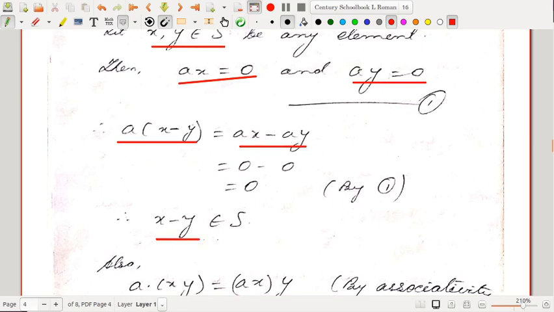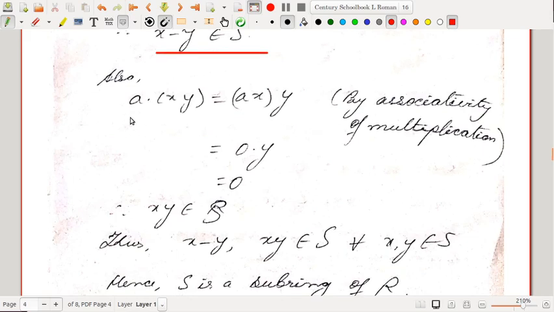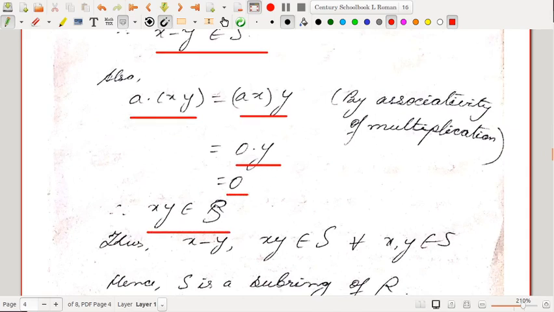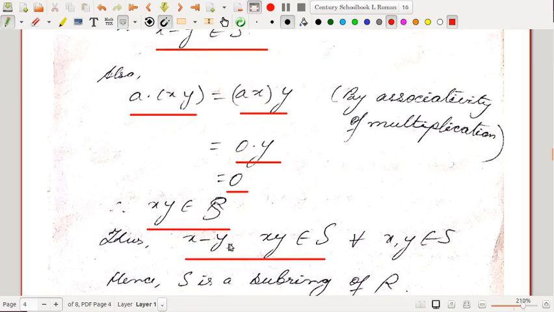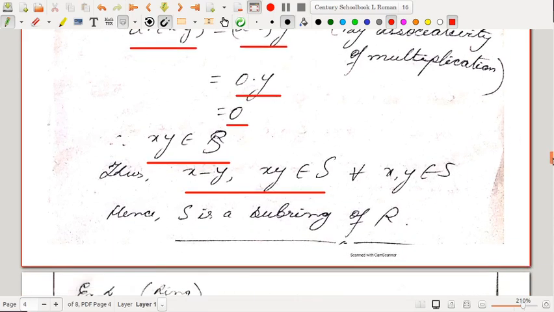So that means x minus y is an element of S. Okay. Similarly, a into xy can be written as ax into y, and ax is already 0. So 0 into y is 0, and therefore xy is an element of S. So what I have shown is that x minus y and xy belong to S whenever x, y are in S. That means S is a subring of R.